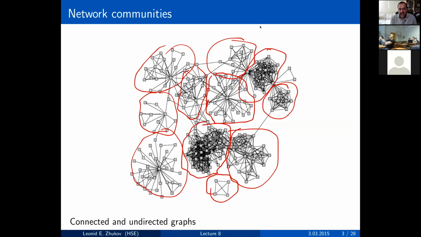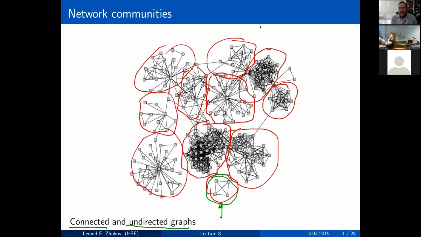So a couple of points. In this lecture, we'll be considering, first of all, undirected graphs. There are a lot of things that can be extended to directed graphs, but for simplicity, we'll stick with undirected. And the other thing is we're also going to look at the partition of a connected graph. The reason for that is because it's obvious and trivial to select this community, which is separated from the graph.